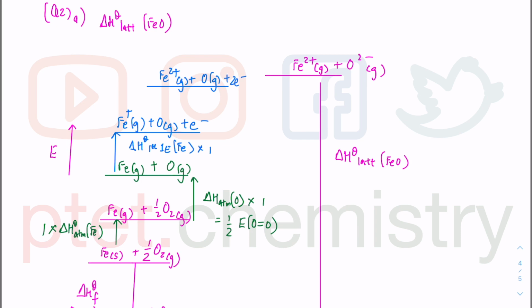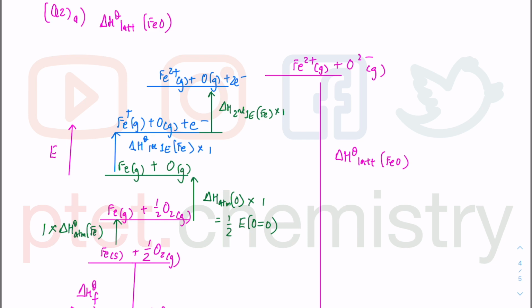So there's the Fe+ going to Fe2+. This is the second ionization energy of iron, and it's also multiplied by 1 because you're forming 1 mole of the 2+ gaseous cation from 1 mole of the gaseous cation with a single charge, or plus 1 ion.